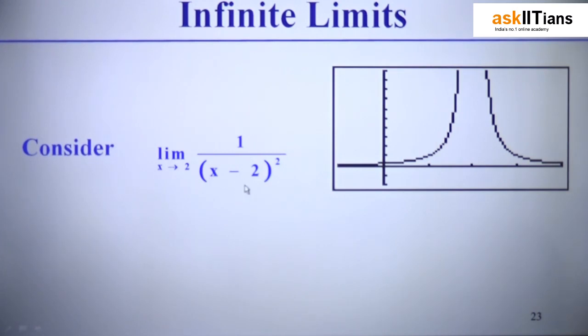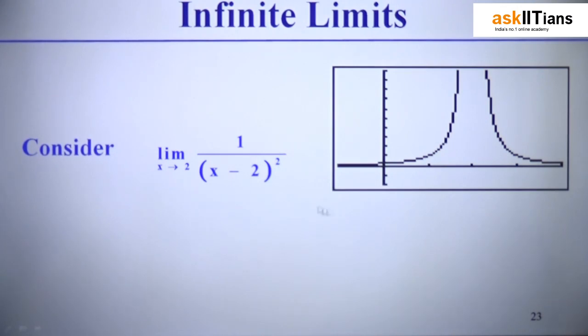So x minus 2 gives me minus h, and when I take the whole square of minus h, the value comes out as positive h square, and h is now tending towards 0. So 1 by 0 is going to give me a very high value, that is infinite. I cannot quantify that value to be a specific number, so that will be positive infinity. So the left hand side limit of this is positive infinity.